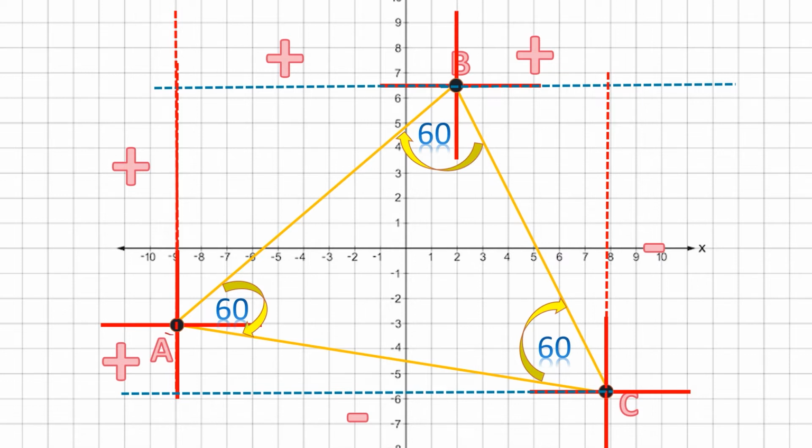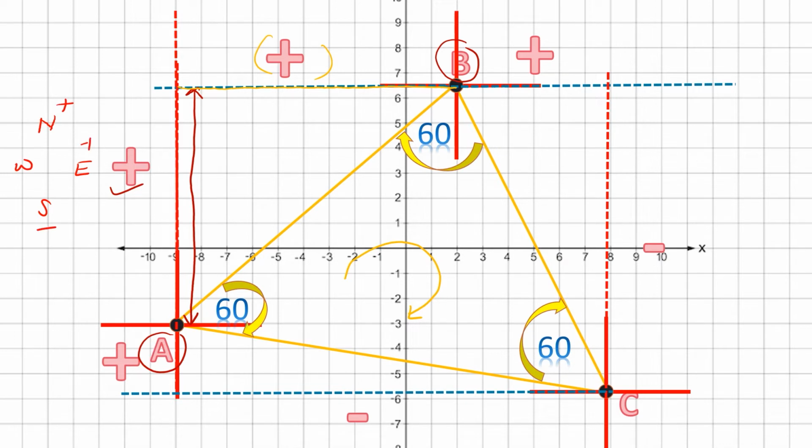So here for this line A and B, this is the latitude, which is positive, and this is the departure, which is also positive, because you're going clockwise from A. You can see north, south, east, and west. North is positive, south is negative, east is positive, and west is negative.